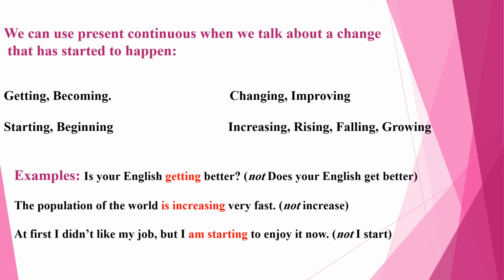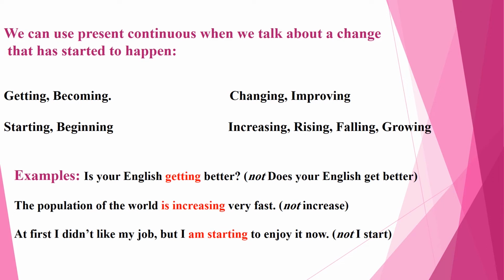We can use present continuous when we talk about a change that has started to happen. We use these verbs: getting, becoming, changing, improving, starting, beginning, increasing, rising, falling, and growing.